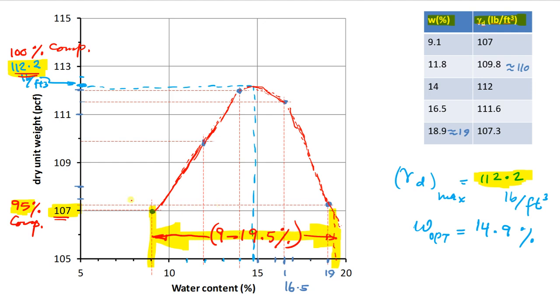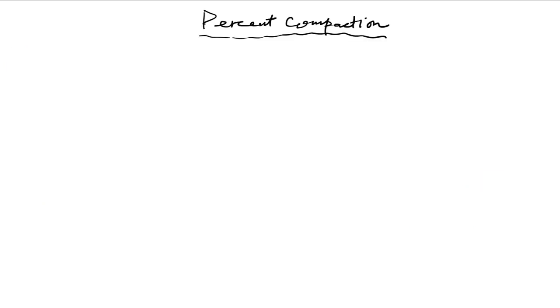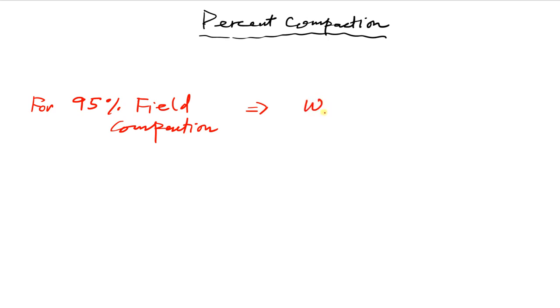Okay, so I can summarize here. For 95% field compaction, what is the water content range? Instead of W, let me write water content.